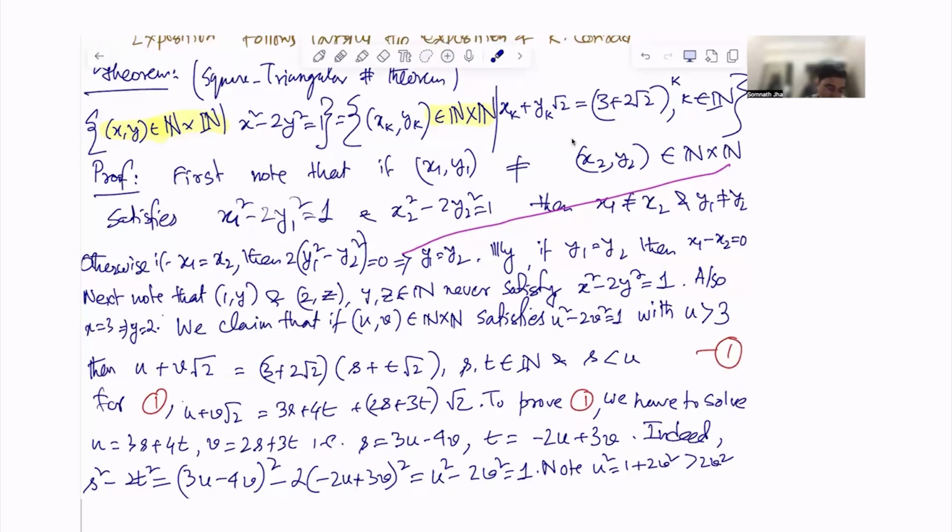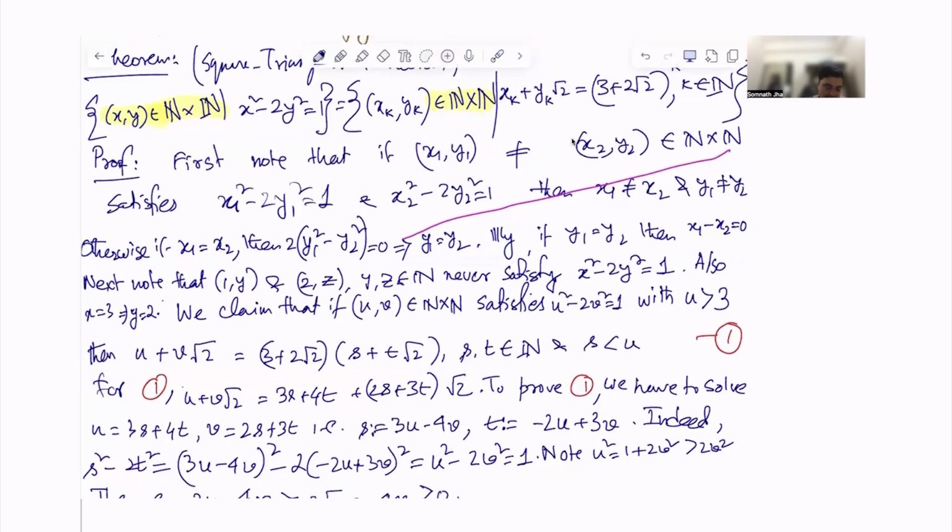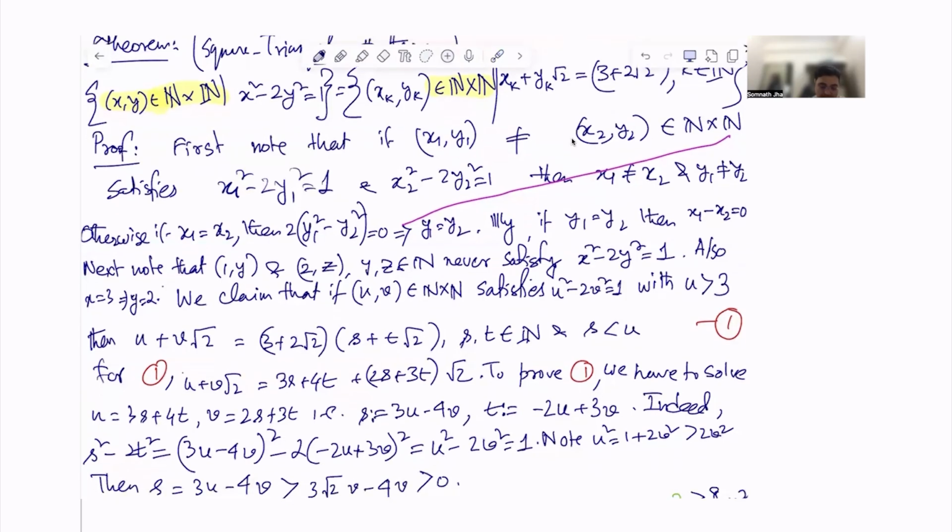So you wanted to find s and t. I'm telling you what is s. You define s to be equal to this, and you define t to be this, and then you do the back calculation. And then, of course, it satisfies this, but s, t is also a solution. Okay, s square minus 2t square is 3u minus 4v square minus 2 into minus 2u plus 3v square, and that you calculate to be u square minus 2v square equal to 1.